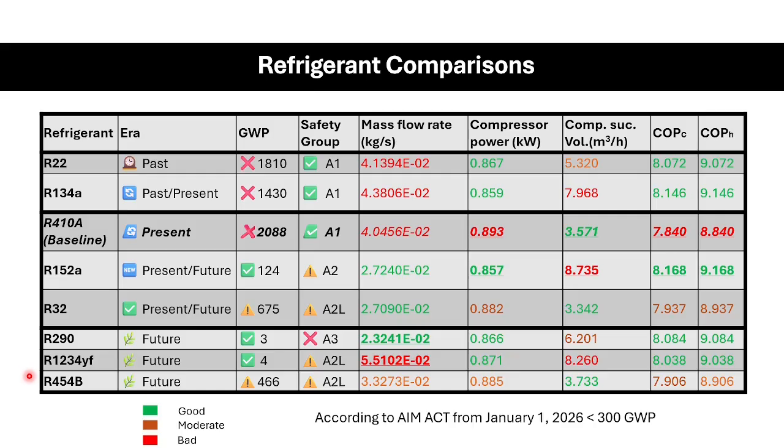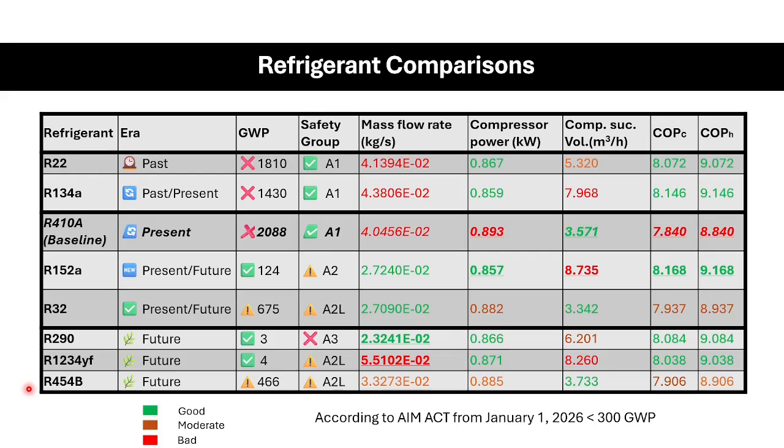At last comes R454B. R454B has a moderate GWP value of 466 and it comes into A2L ASHRAE safety group. It has moderate mass flow rate and moderate compressor power with low compressor volumetric flow rate values, and it also has moderate COP values.